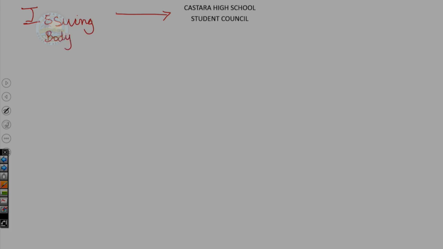So our issuing body in this case, and we're making it up, is Castara High School Student Council. So we're using a fictional secondary school here in Tobago. Then we're going to put in "Notice." And again, I want you to pay attention: this information is at the middle of the page, top middle. Castara High School Student Council Notice.